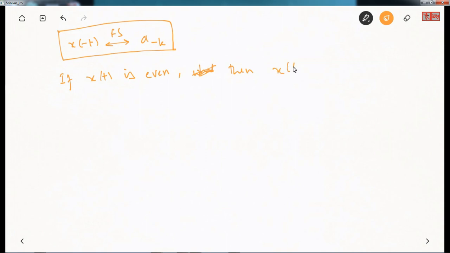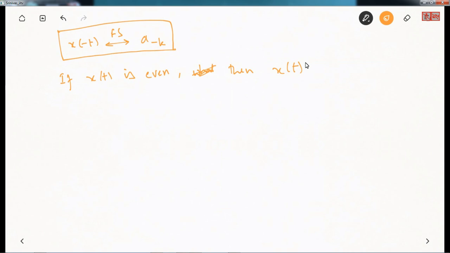then what is an even signal? An even signal was defined by us as if x of t is the same as its time reversed version. If x of t is the same as x of minus t, then we call x of t an even signal.